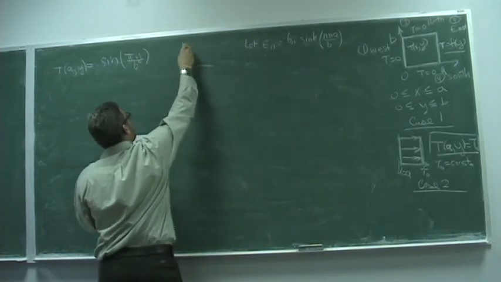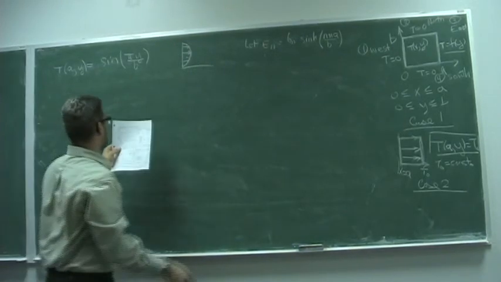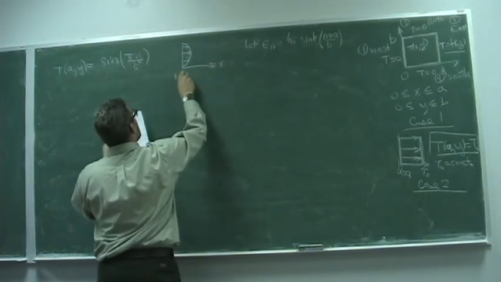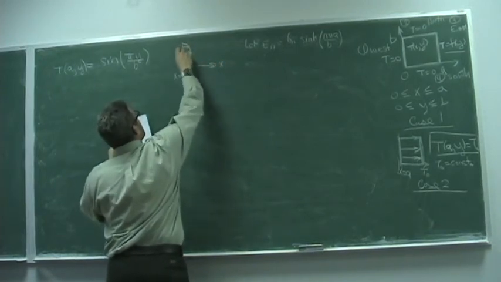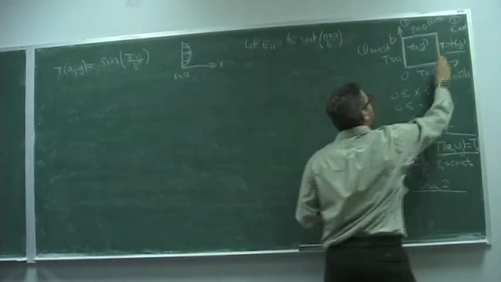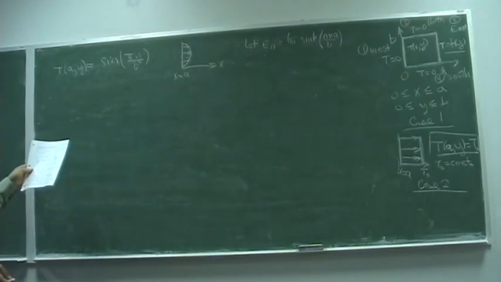So here's our temperature profile as a function of y. Here's x, this is x equaling a. So this boundary right here is this boundary. What if we have that?